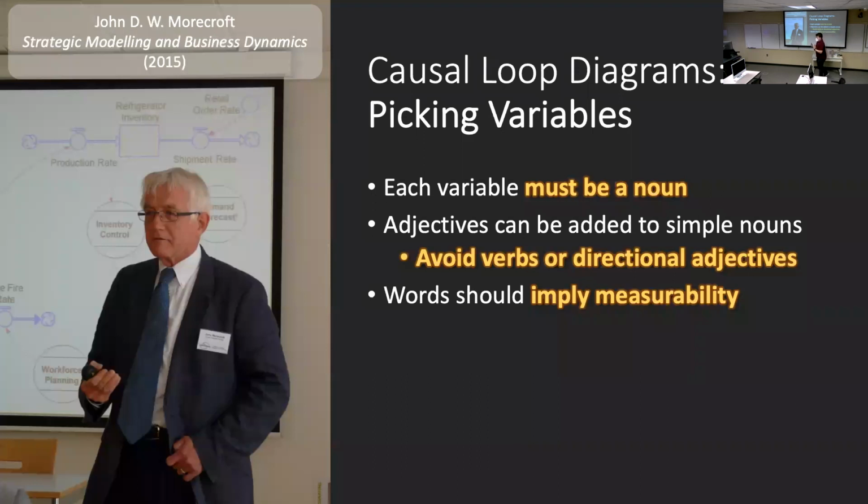Like, I can't say there's exactly 3 units of happiness, but if I could say that this person is happier than this person is happier than this person, and so on, then maybe happiness would be something that I could use as a variable, because in theory, I could increase my happiness, and I could decrease my happiness. So he uses measurability, I use sortability, but it's the same idea. And we'll see examples of that here in a second.